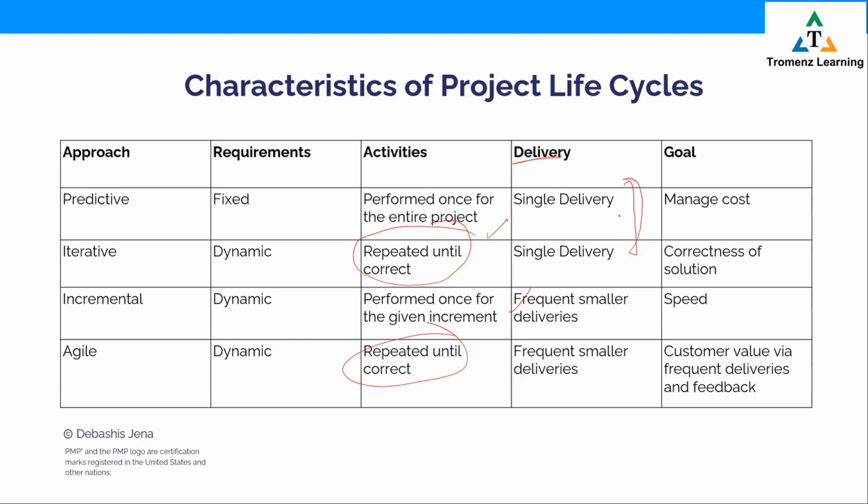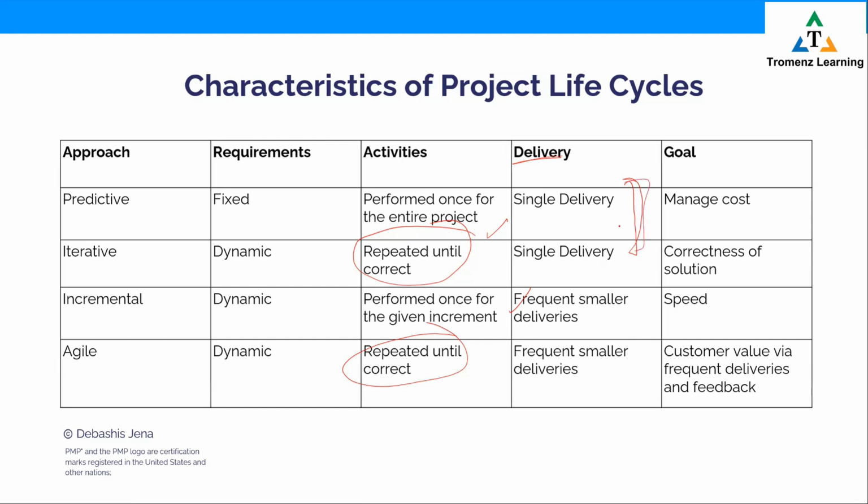Well, the answer to that is we had iterations for a different purpose. But delivery, your product is never ready, not before the end of the project. So that is iterative.